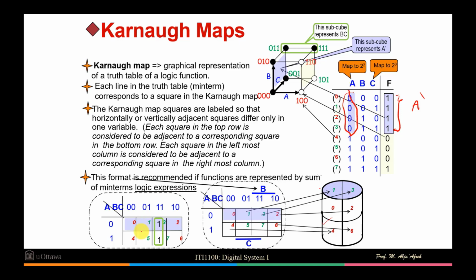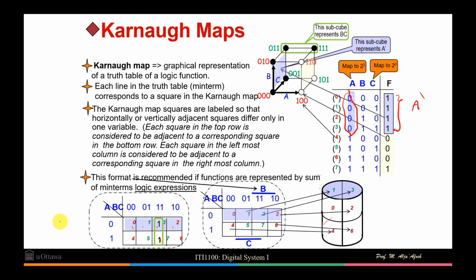Or we can go to the truth table and place 1 at these positions. And our goal is to look at this Karnaugh map and try to group all the ones in the highest possible group that we can.